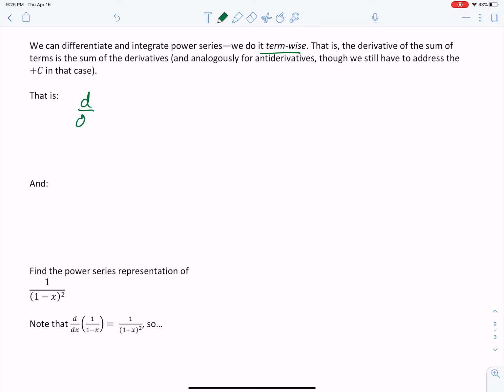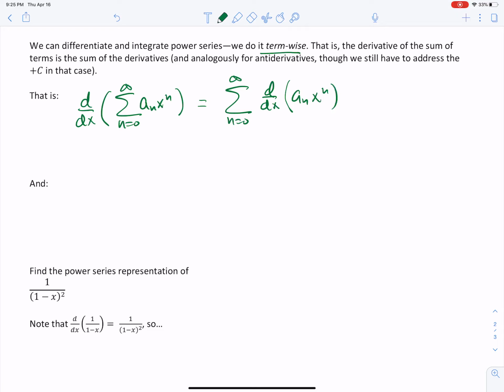So let me say a little bit more clearly what I mean. If I've got the derivative of a power series representation of a function, that's the same thing as adding all the derivatives of this expression. But we know how to take the derivative of a power function. So we're going to get summation n equals 0 to infinity n times a sub n x to the n minus 1.